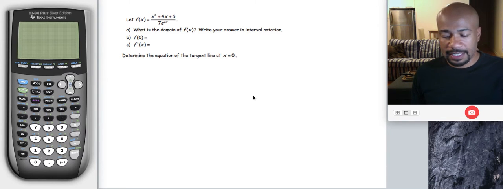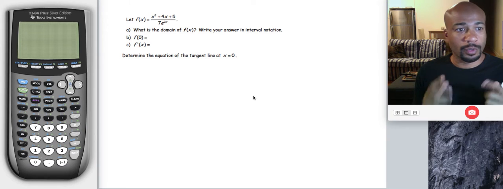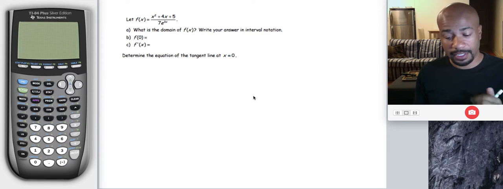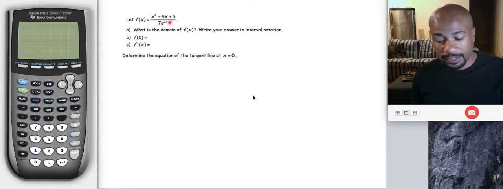The reason why I say that is because of this quantity down here. Because of the quotient rule, people really get their algebra messed up, because you're squaring the function in the denominator, the 7e to the 3x.